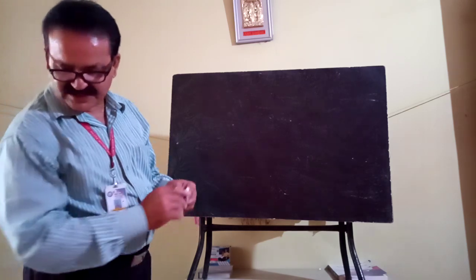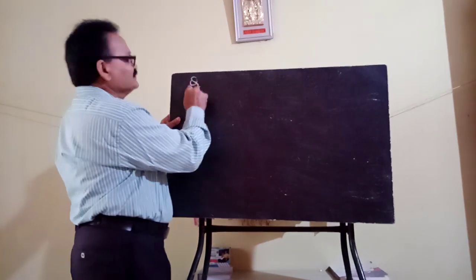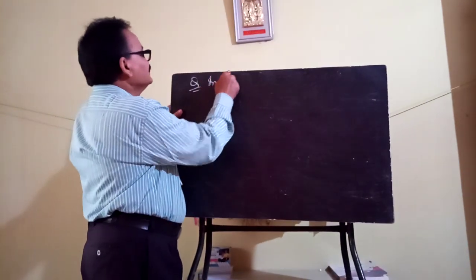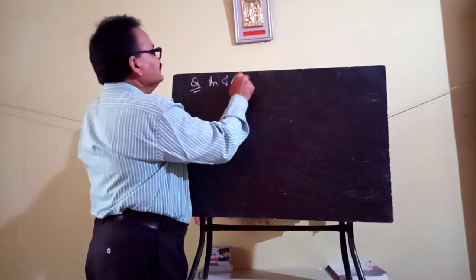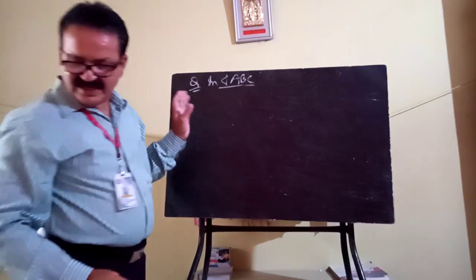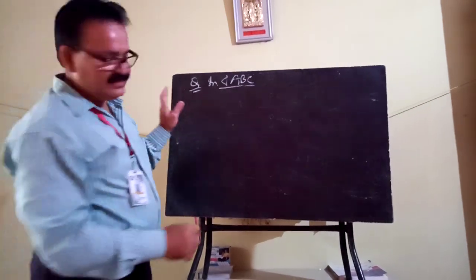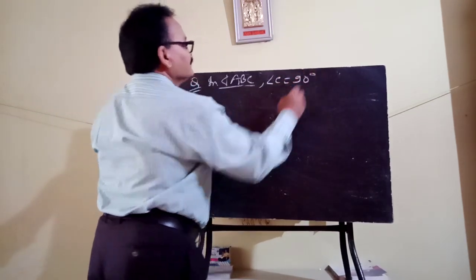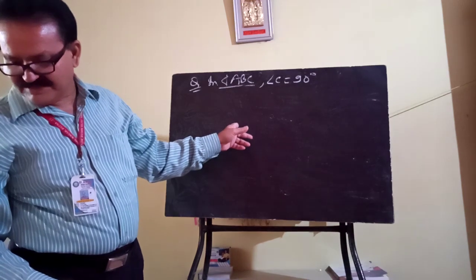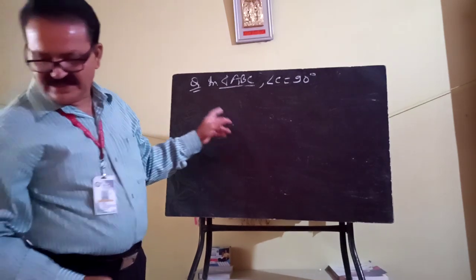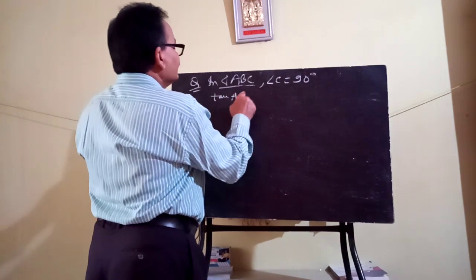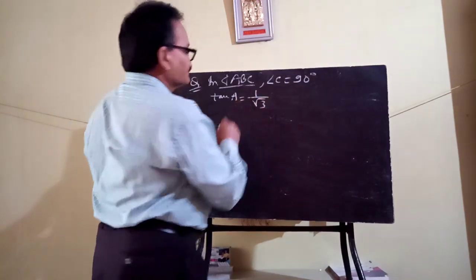One more question. In triangle ABC, angle C is 90 degrees.